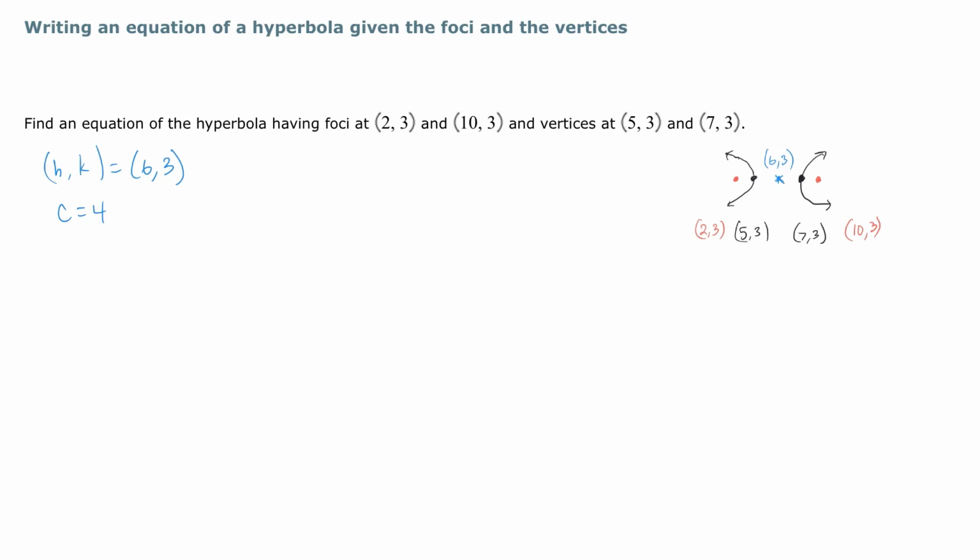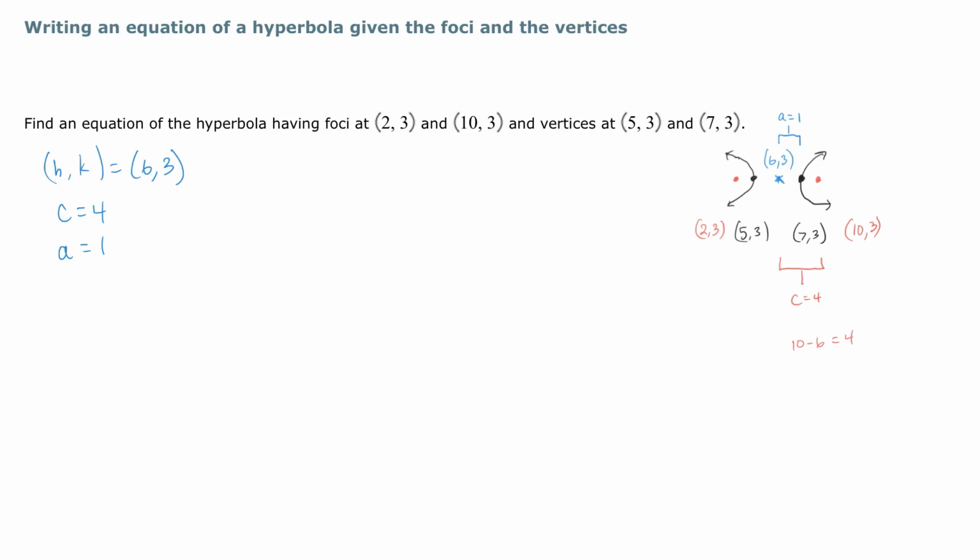We actually have a. a is going to be 1. How do I know a is 1? Well, this is a right here. And how do I know c is equal to 4? Right there. This is c equals 4, right? 10 minus 6 is 4.